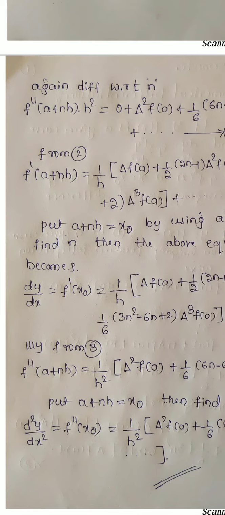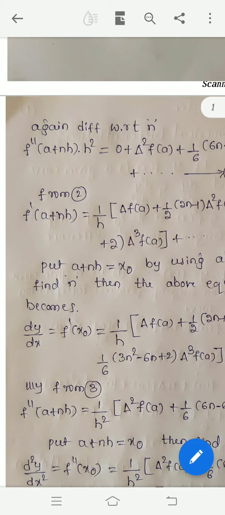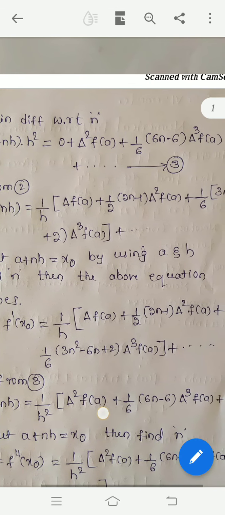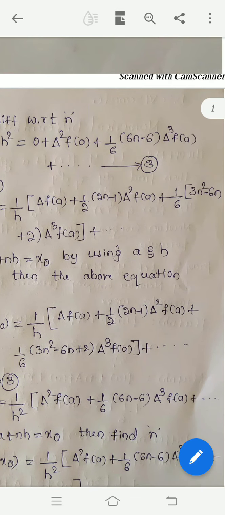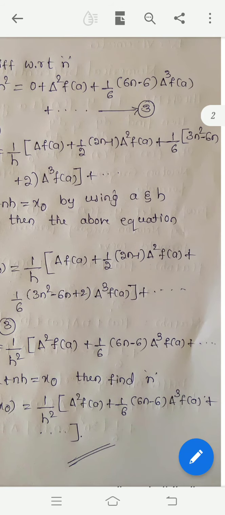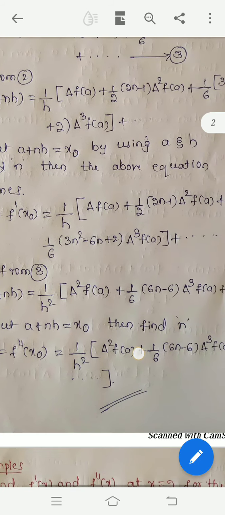Similarly, from equation number 3, we have f double dash of a plus nh equal to 1 divided by h square into delta square f of a plus 1 by 6 into 6n minus 6 into delta cube f of a plus so on. Here put a plus nh equal to x naught, then find the n value.